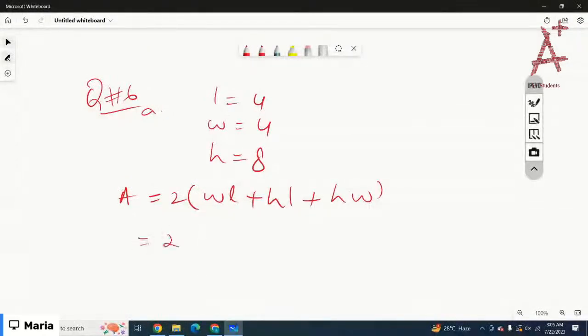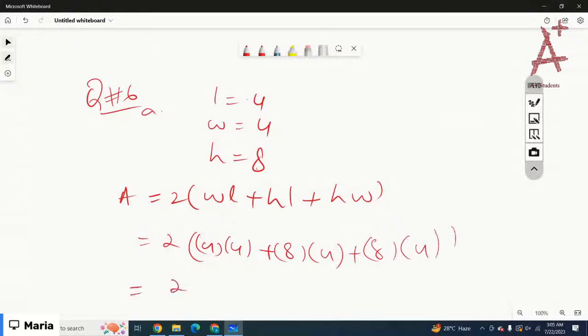You have W times L, so you do 4 times 4, then H times L, H is 8, L is 4, 8 times 4, then plus H times W, again 8 times 4. So just multiply them and add them. 4 times 4 is 16, 8 times 4 is 32, 8 times 4 is 32.